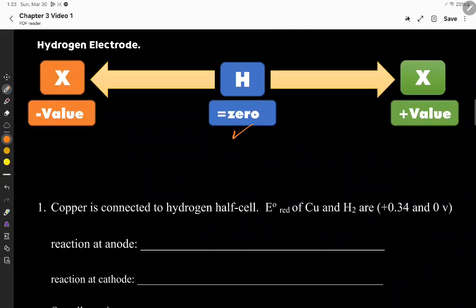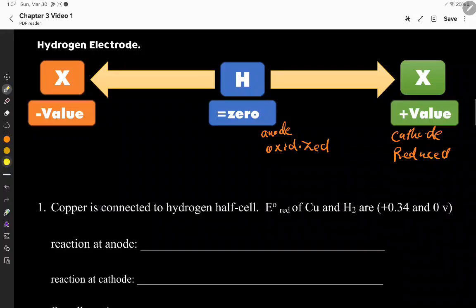Now, in the standard hydrogen electrode half cell, if hydrogen is connected to a substance with positive value, hydrogen has less reduction potential, so hydrogen is going to be the anode, and the substance with positive value is going to be the cathode. The substance is easier to be reduced. Hydrogen is easier to be oxidized.